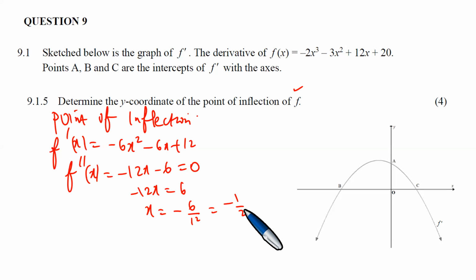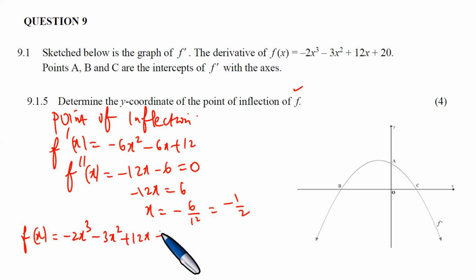So we continue. We have f of x, you have this here, plus 12x plus 20. Then we substitute, we want to get the y value. That happens at x equal to minus 1/2.